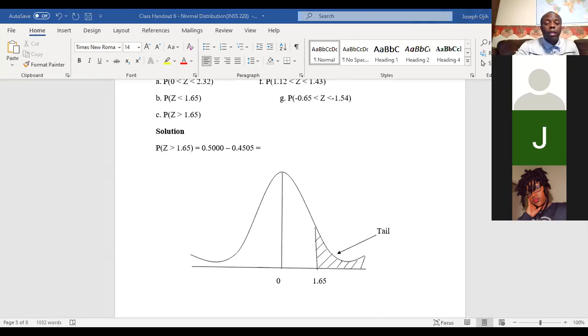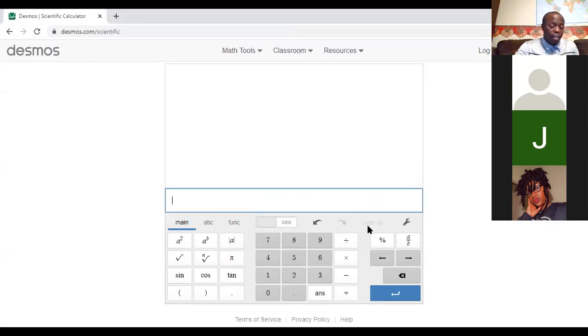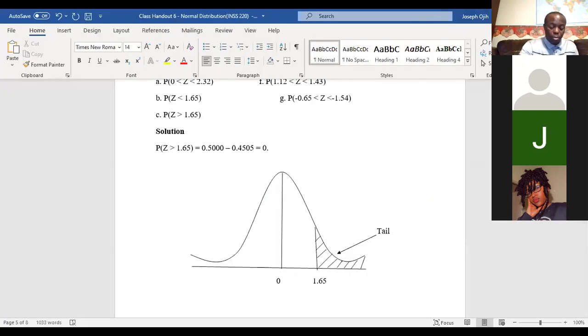Now, with decimals we can use 0.5 minus 0.4505, which is 0.0495. So our answer becomes 0.0495.